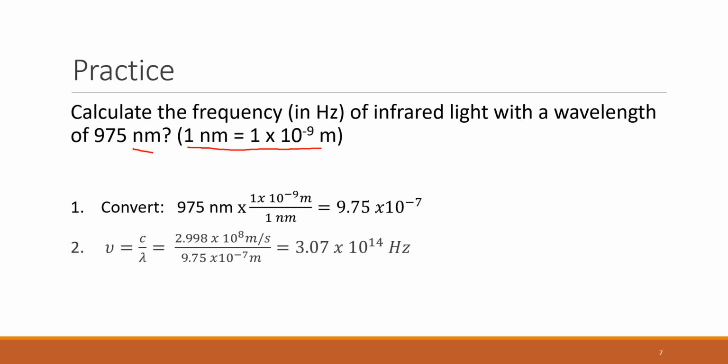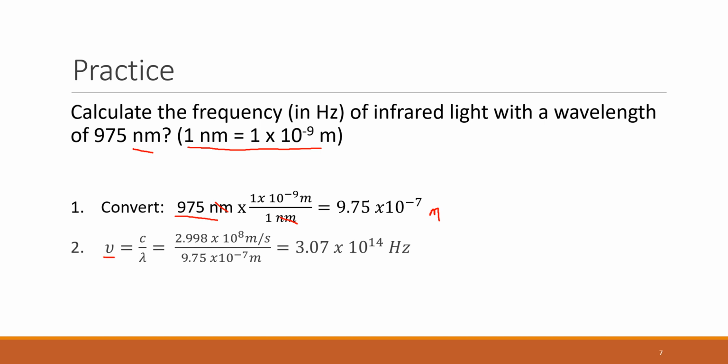So the first step is taking that 975 nanometers, multiplying it by 1 times 10 to the negative 9th, putting the nanometers in the denominator so they cancel, and that gives us 9.75 times 10 to the negative 7th. Looks like I forgot to put units on there. That's going to be meters. Now that we have that value in meters, we can solve for frequency.